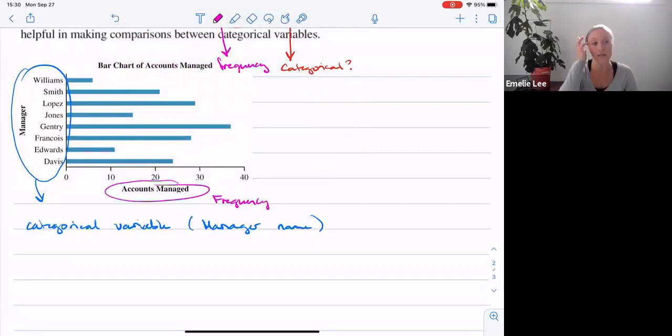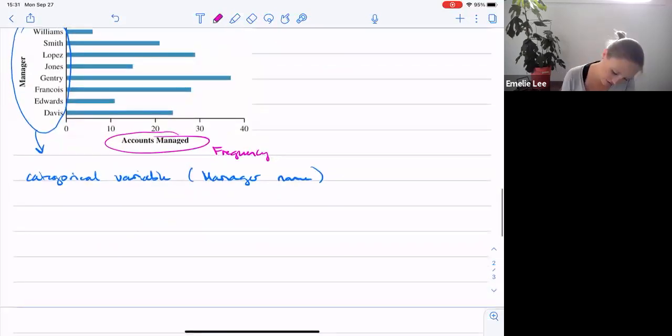In this case, it's the number of accounts managed. So we have data on, okay, this account is William's account, this account is Smith's account, this account is Lopez's account, and so on and so forth. And then we come across William's account again. And so then we get those frequencies, and those are just counts. So these would be counts in a frequency table.